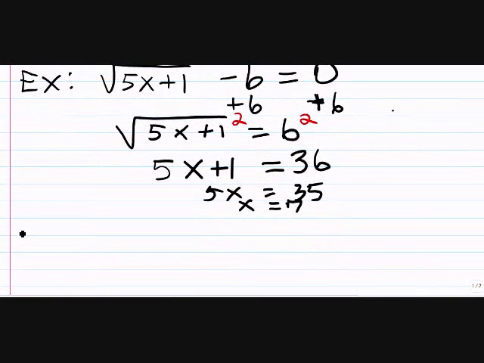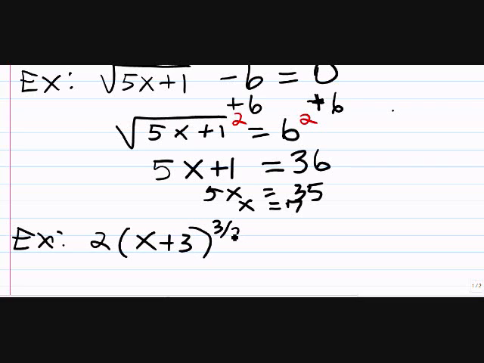All right. Square both sides. Okay, we'll see how that works with exponents instead of just the radical sign. So if I've got 2 times x plus 3 to the 3/2 power equals 54, I'm going to isolate the whole radical by isolating the parentheses there.